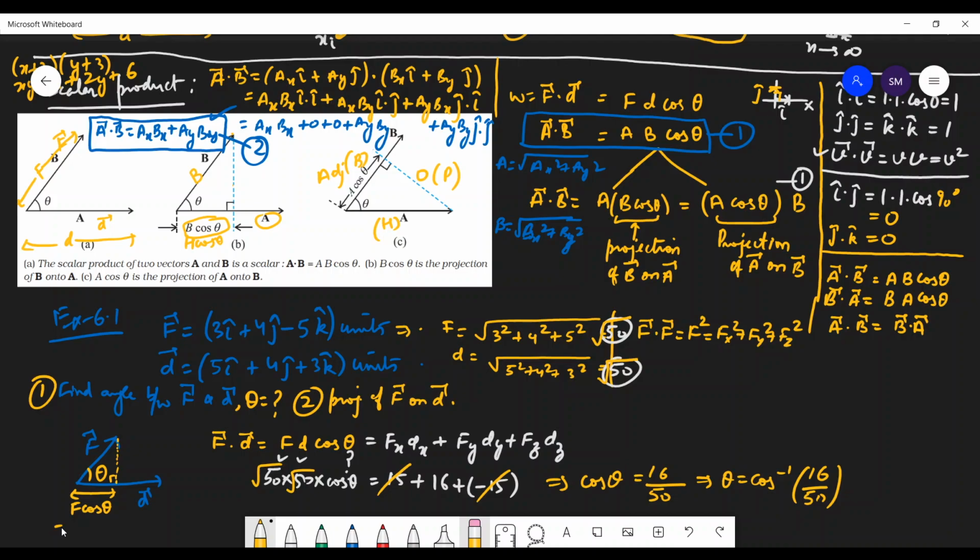So that is the B part, the second part of the question, the projection of F on D. It is not there in your book, but that's the answer. You can further write it in simplest form. So that is equal to 8 root 50 upon 25.